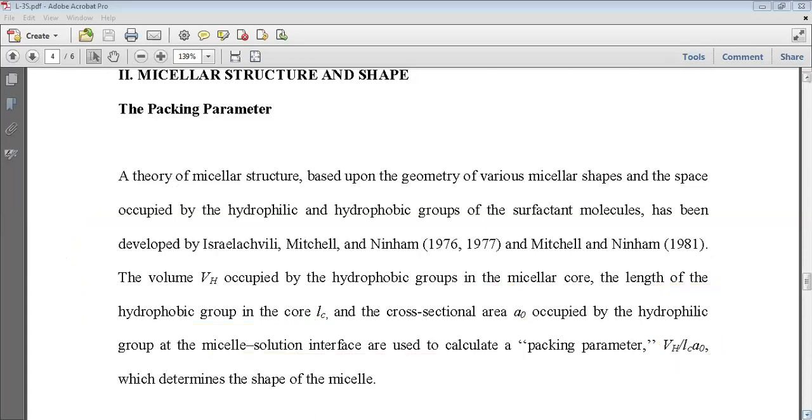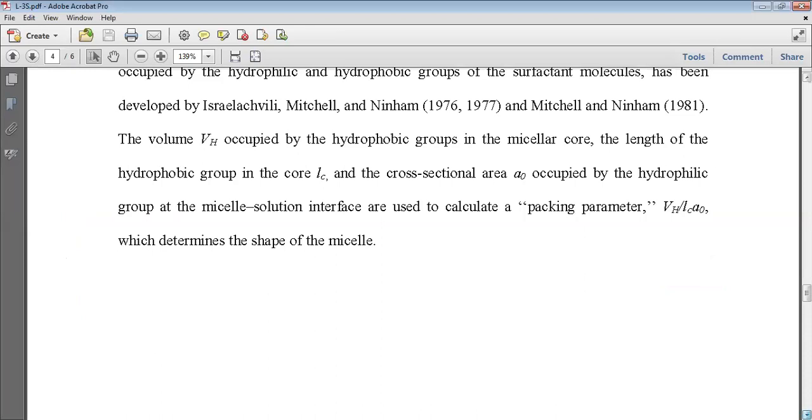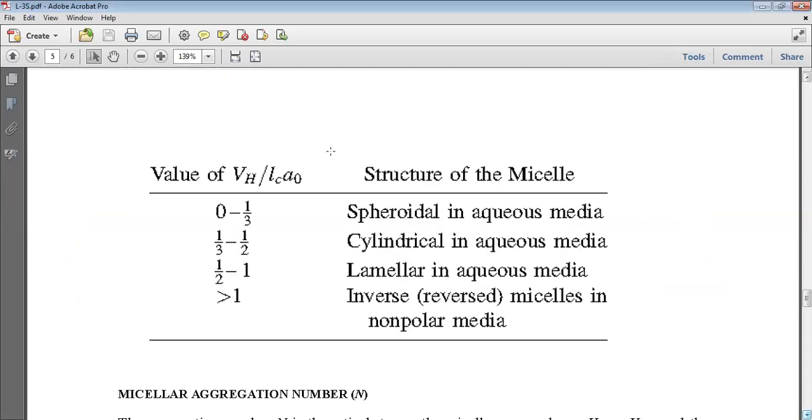So what is the significance of this packing parameter? Suppose you calculate the packing parameter, VH upon LC A naught, for a particular surfactant, and if it comes in the range 0 to 1 by 3, then the micelle is spherical or spheroidal in the aqueous solution.